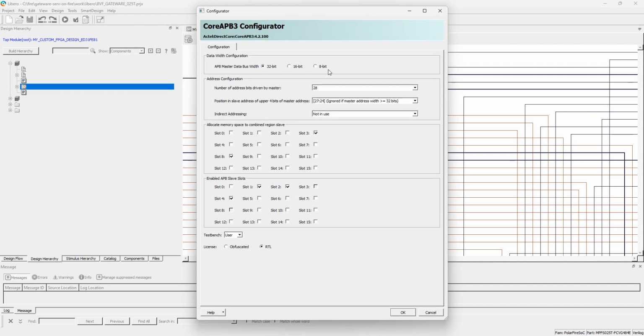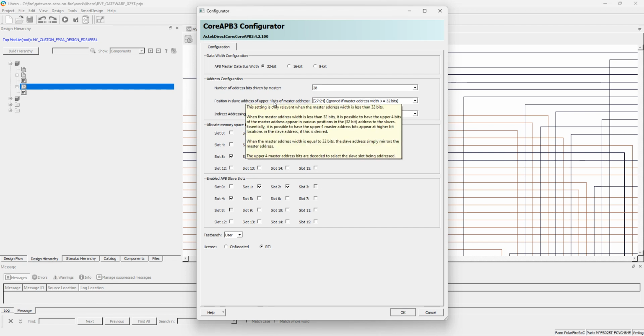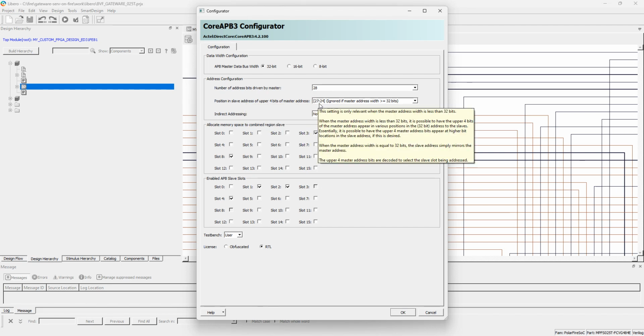All right, so this is a core that you're allowed to configure. It's a 32-bit bus. The number of address bits going into it is 28, so it's from bit 27 down to 0. The position for the addressing of the upper 4 bits is 27 to 24.